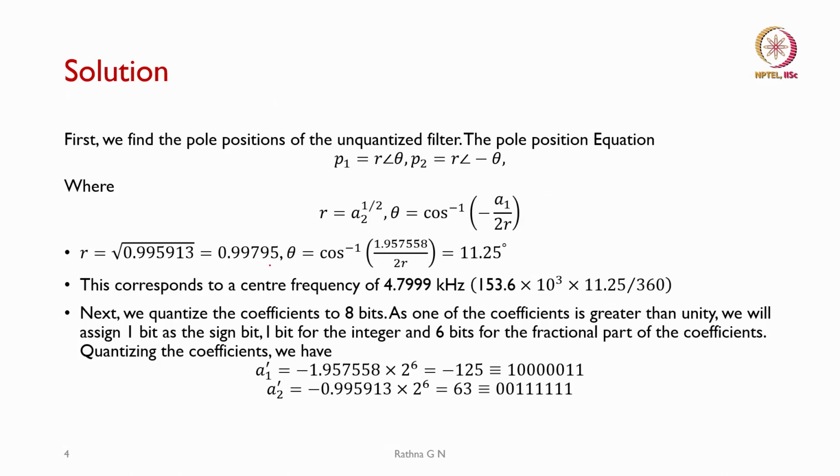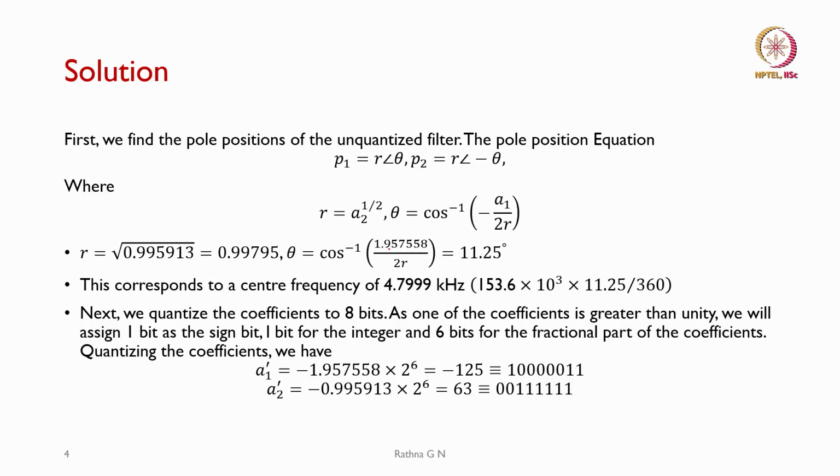That is, r squared is a2, so r will be the square root of a2. Theta is going to be cos inverse of minus a1 by 2r. We know that a1 is negative.